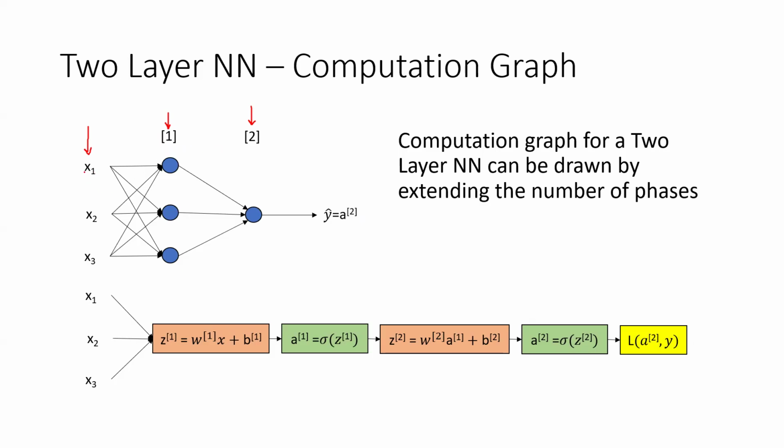We generally don't represent the input as a layer, but if you want, you can consider it as the 0th layer as well, right? But generally, it is considered as the input, and these layers are considered as first layer, second layer, and so on.